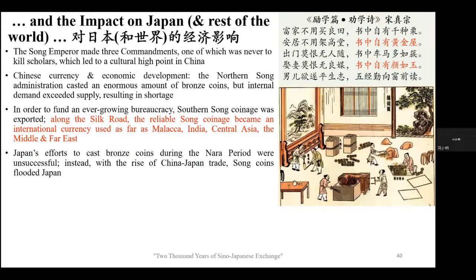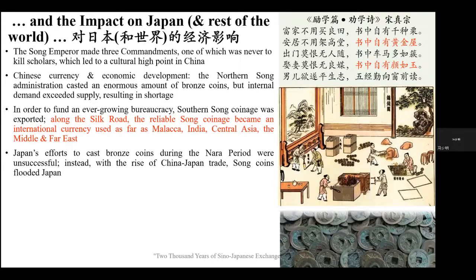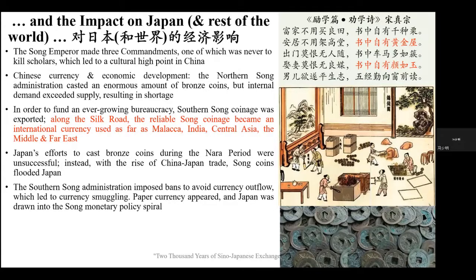Japan tried to make bronze coins, but they were not successful because their smelting technology was not as advanced as the Song. So the demand for the superior Song coins was very high, and Song coins now flooded Japan. The Southern Song administration now imposed bans to avoid currency outflow, which led to a lot of smuggling.